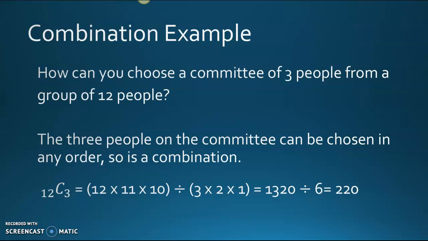Well, if we did 12 times 11 times 10, that would be the number of permutations. Way too big a number. We're going to divide that by the number of ways to arrange the 3 we keep, which is 3 times 2 times 1, or 6. So we have 1,320 divided by 6. We have 220 different combinations. So there are 220 different groups of 3 people we can take out of a group of 12.